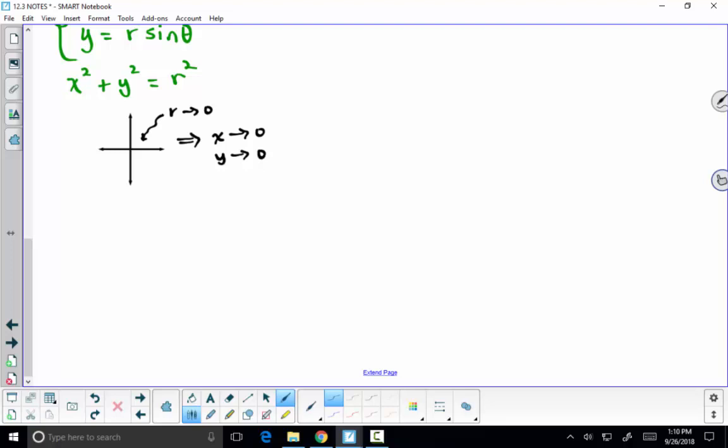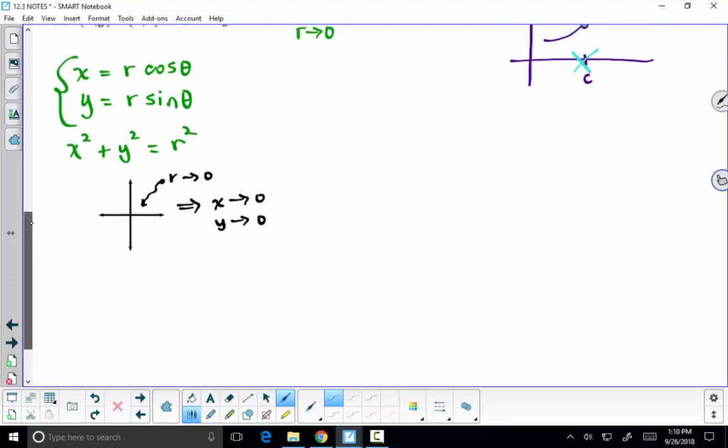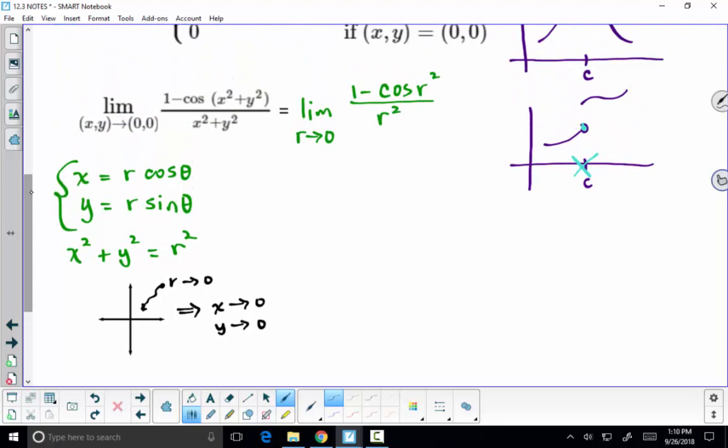If you're forcing a point to get closer and closer to the origin, and that's what r represents, distance from the origin, that means that x and y are getting ridiculously close to the origin also. Correct?